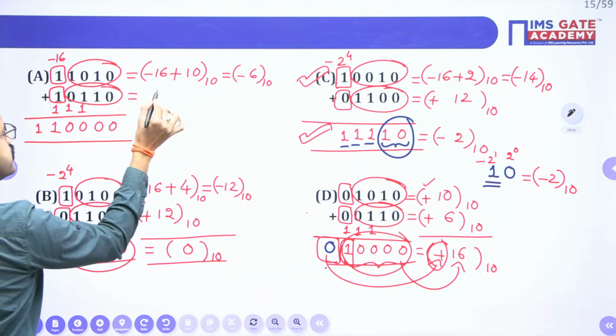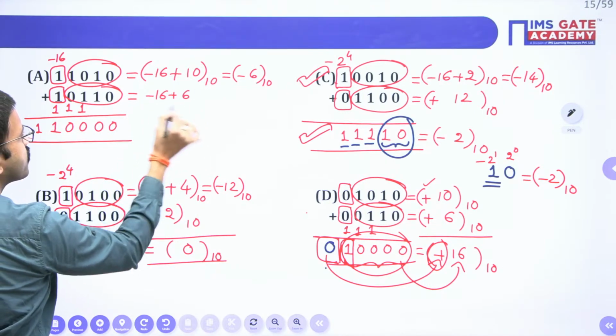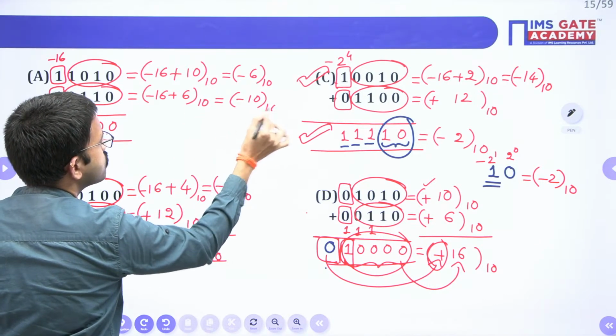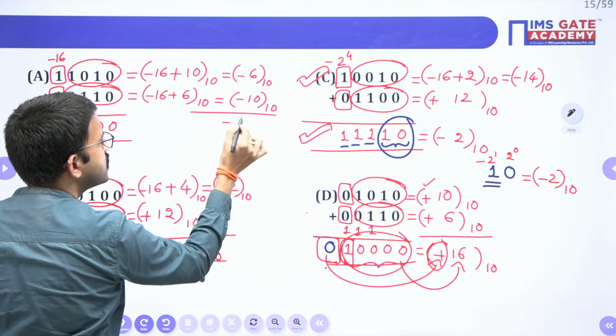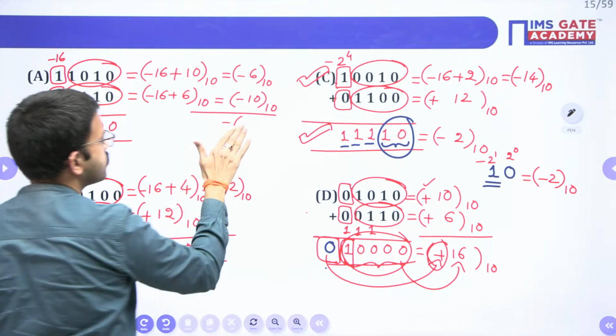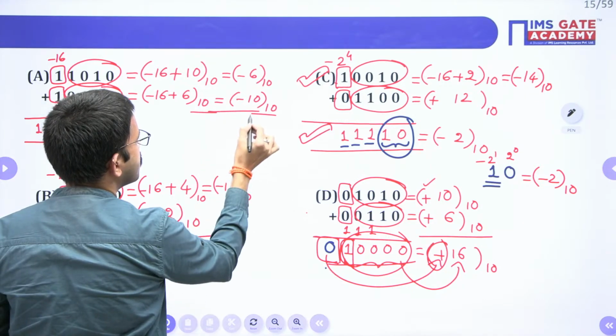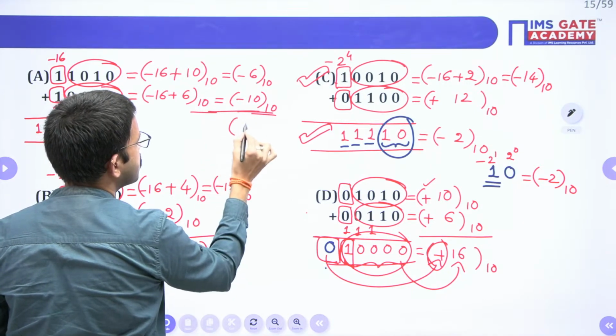Now here it is minus 16 plus 6, which is nothing but minus 10. So when you add both negative numbers, obviously the resultant value is negative only. The resultant number is negative only, minus 16.